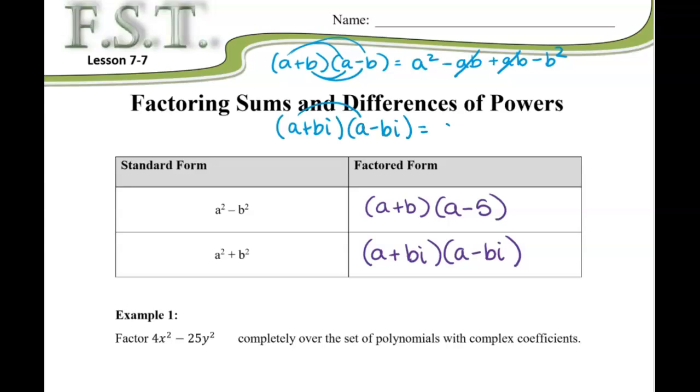So we get a squared minus abi plus abi minus b squared i squared, but i squared is negative 1. Middle terms canceled, negative b squared times negative 1 is a plus, hence a squared plus b squared.